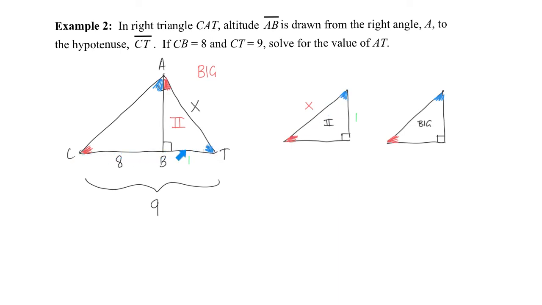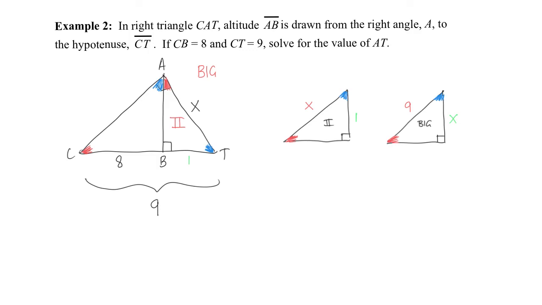Between red and blue in the big triangle is this piece right here, so that's 9. And between blue and right angle in the big triangle, that's this piece right here. Blue, right angle is x, so I'm going to mark that down as x.